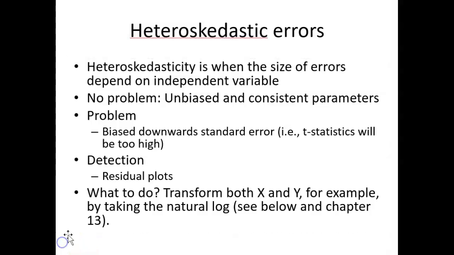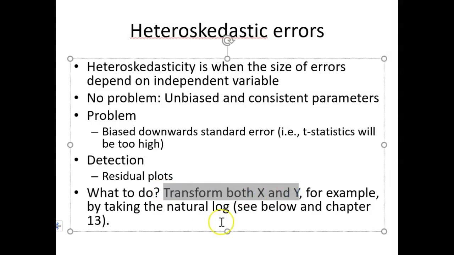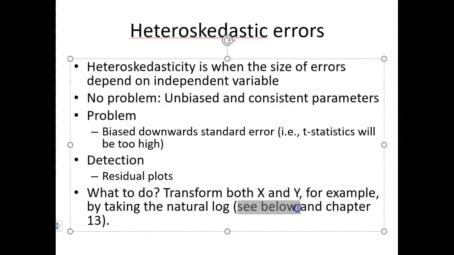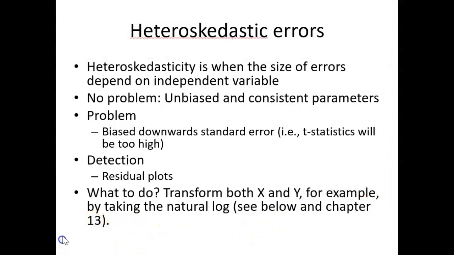If you think you have heteroscedasticity, one simple thing to try is to transform both of the variables into a different functional form. You can try the natural log, which we'll talk about later in this chapter and also in chapter 13. A lot of times what's known as a double log model solves a heteroscedasticity problem.